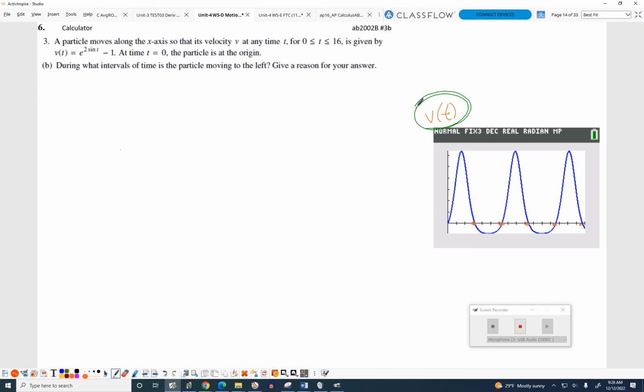You remember that when the velocity is negative, that's the time when the particle is moving to the left. So you compute those times using your calculator, you write them down, and then your reason is the particle is moving left during those time periods because those are the times when the velocity is negative. That's all that's required.